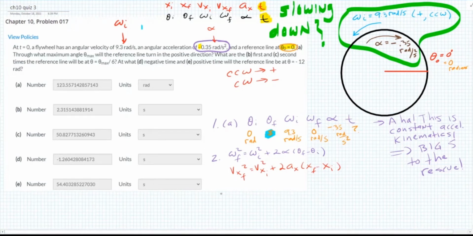So step number 3, at what maximum angle theta max? Isolate theta final and solve. Okay, let's do that.